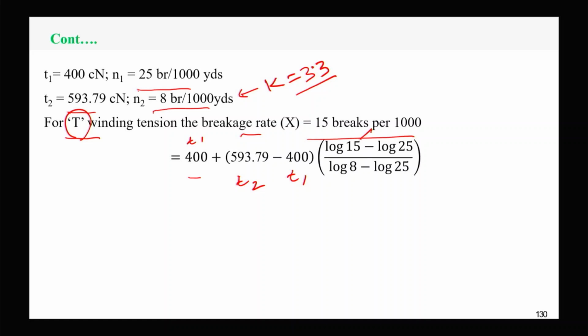This is the breakage rate X, and this is N1, N2. Sorry, this is N1.